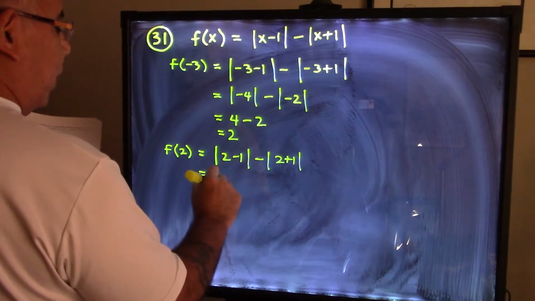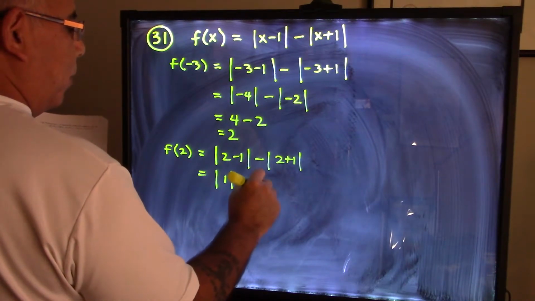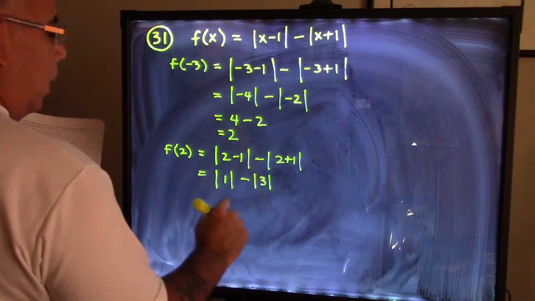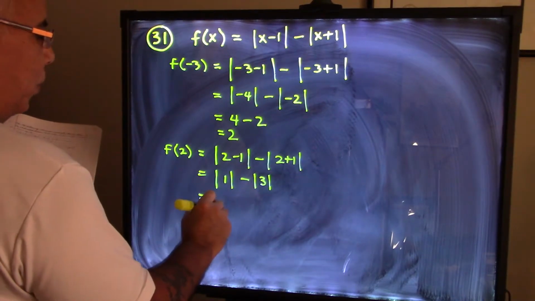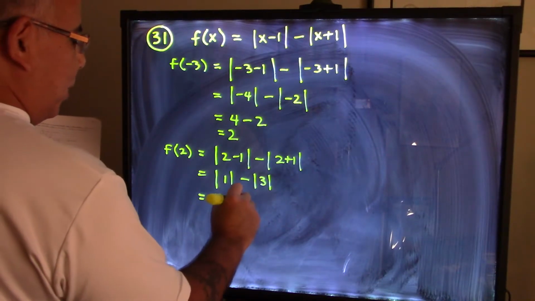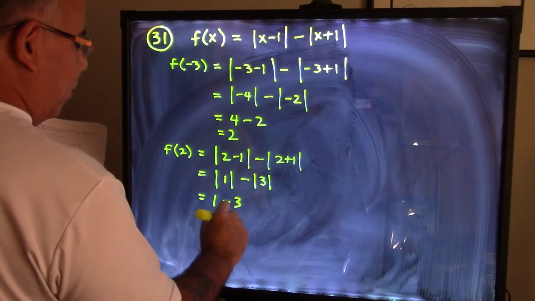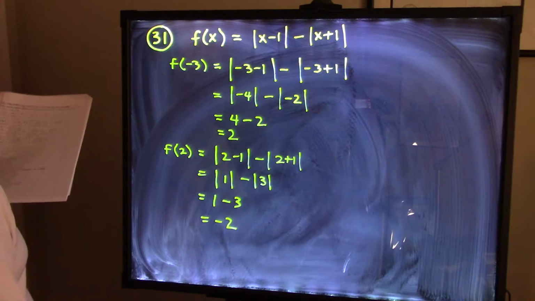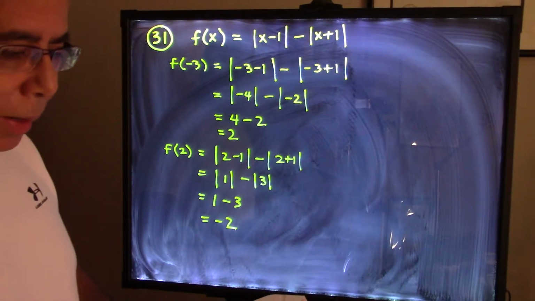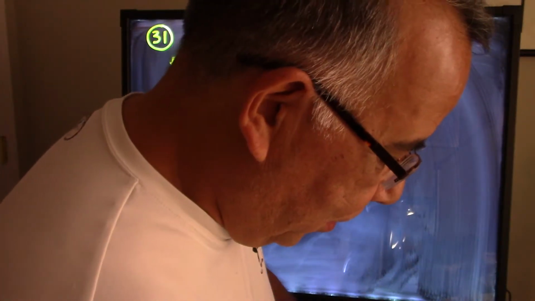So that's absolute value of 2 minus 1 is 1 minus absolute value of 2 plus 1. 2 plus 1 is 3. Absolute value of 1 is 1 minus absolute value of 3 is 3. So this is equal to 1 minus 3, which is -2. There you go. Now let me erase this so I can have room for the others.